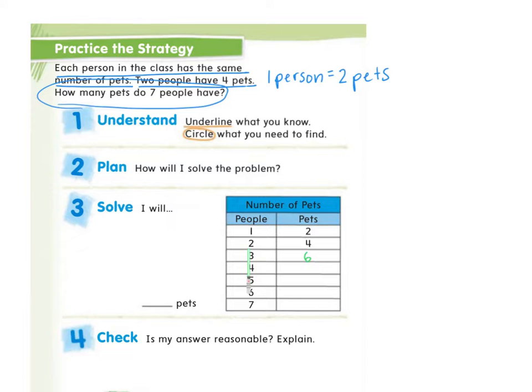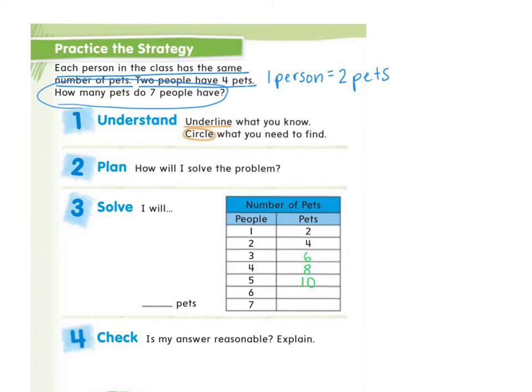For another person added, I'm adding 2 more pets total. 3 people, again, I'm just going to add 2 pets to that because I'm adding another person to this amount. 3 people have 6 pets. If, again, 4 people, I added another person, so I'm going to add another 2 pets, and that would be 8 pets. 5 people, I add another person, I'm going to add another 2 pets. That would be 10 pets.